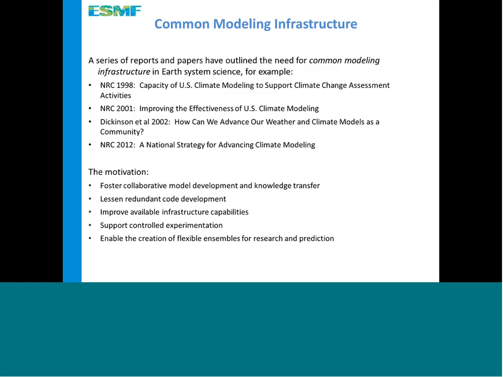So I would say, with respect to some of the more basic motives for common modeling infrastructure, that while some coupling problems are very complex, there are others, like changing to an alternate ocean, that are not especially complex, and in some cases, common modeling infrastructure provides a relatively straightforward path to sharing components. Not in all cases, but I think there's a spectrum.